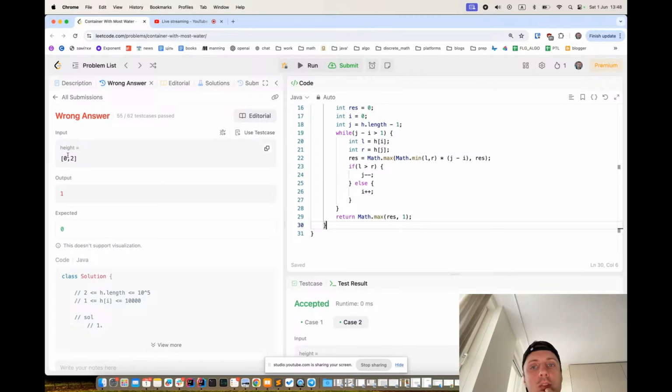Okay, so we can have 0 water. Yeah, so then in this case we should do these calculations.